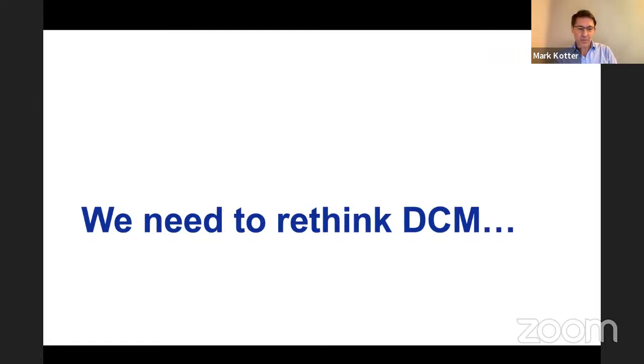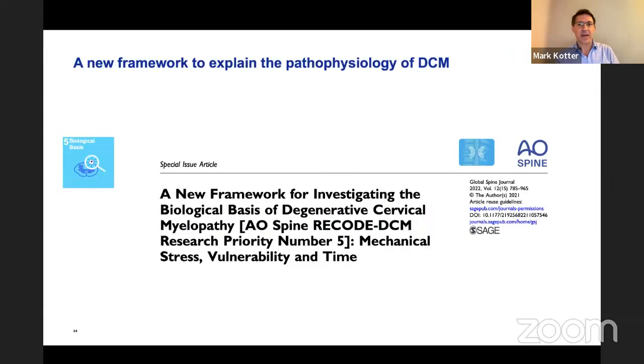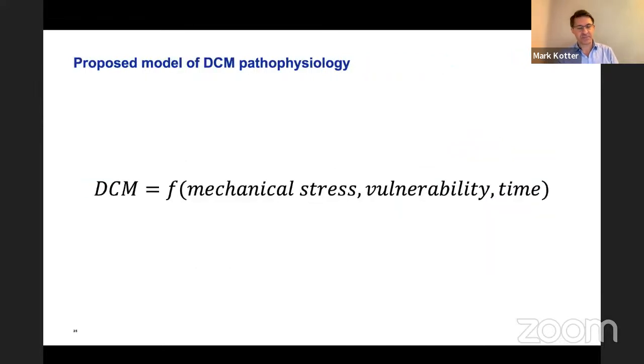So what we think, we have to rethink our concepts of DCM. And we did this together as part of this RECODE myelopathy project. And here I'm going to propose a new framework that allows us to investigate the biological basis of DCM.